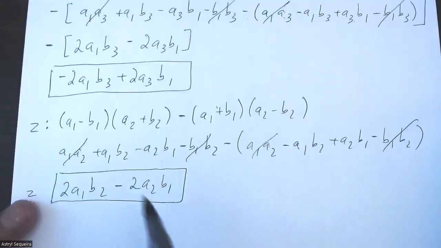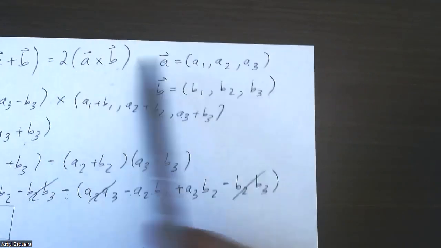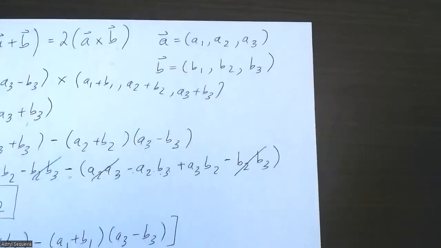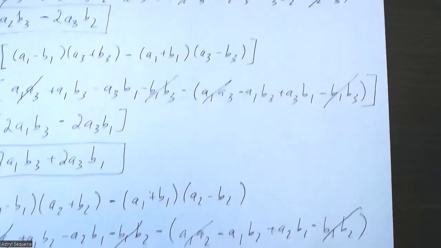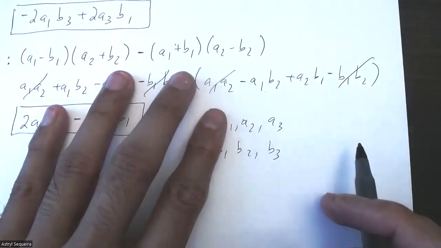Now that I found my X, Y, and Z components, I just have to prove that it's the same as 2 times A cross B. I have A and B over here. I just have to cross multiply these two. I'll do them at the bottom over here. A1, A2, A3, and then I'm cross multiplying it with B1, B2, B3. So this is pretty simple. It's the same cross multiplication.